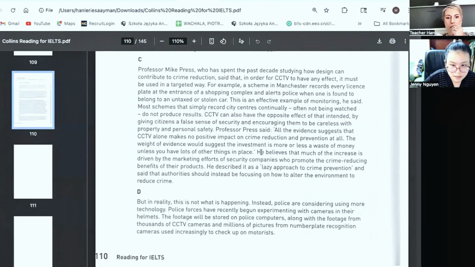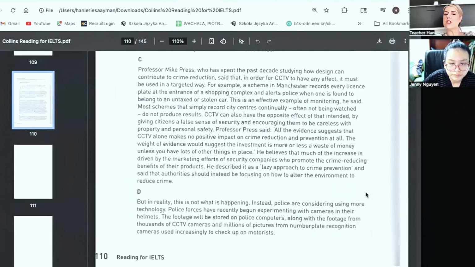Professor Press said the weight of evidence would suggest the investment is more or less a waste of money unless you have lots of other things in place. He believed that the increase is driven by the marketing efforts of security companies to promote the crime-reducing benefit of the product. He described it as a lazy approach to crime prevention and said that authorities should instead be focusing on how to alter the environment to reduce crime.